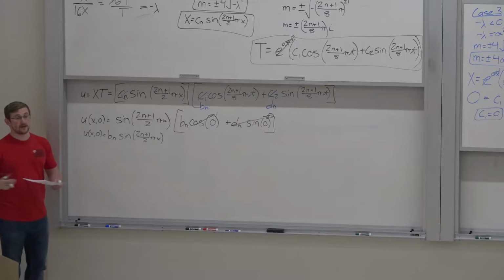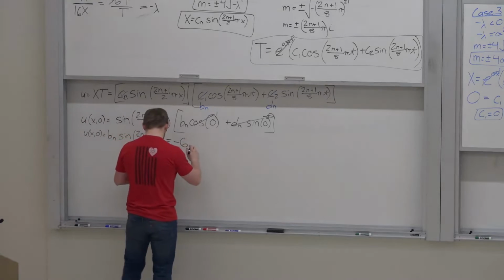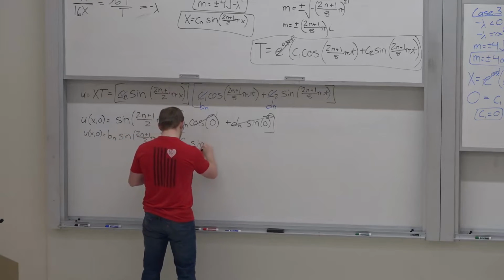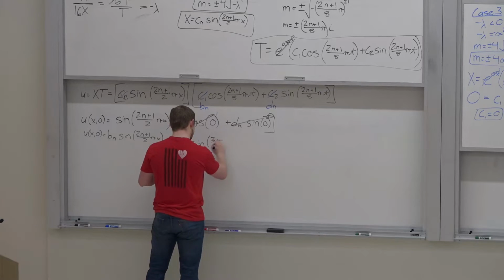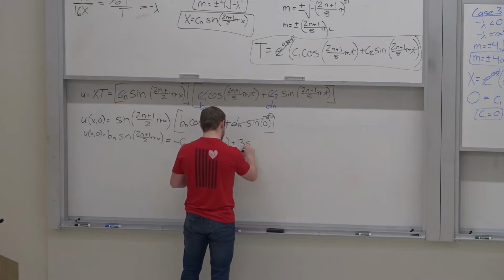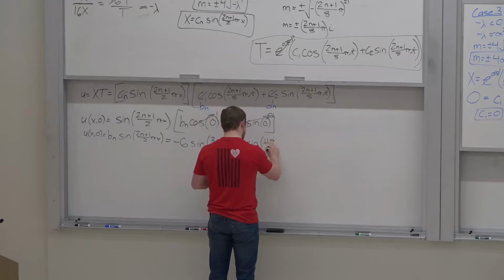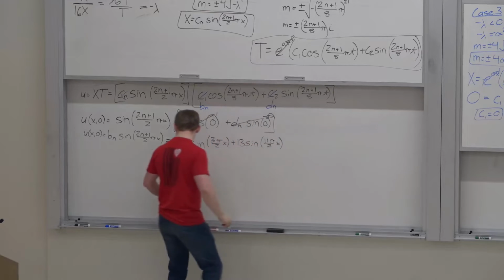And I can now say that this is equal to what was given in that initial condition, which was negative 6 sine of 3π/2 x plus 13 sine of 11π/2 x.